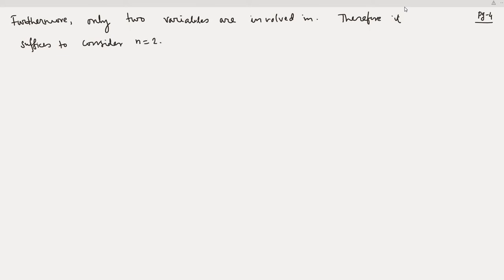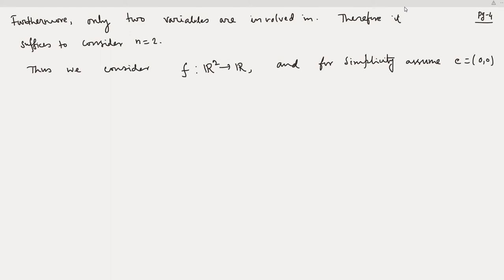Thus we consider f a function from R^2 to R, and for simplicity we assume the point c is equal to the origin, c equal to (0, 0).